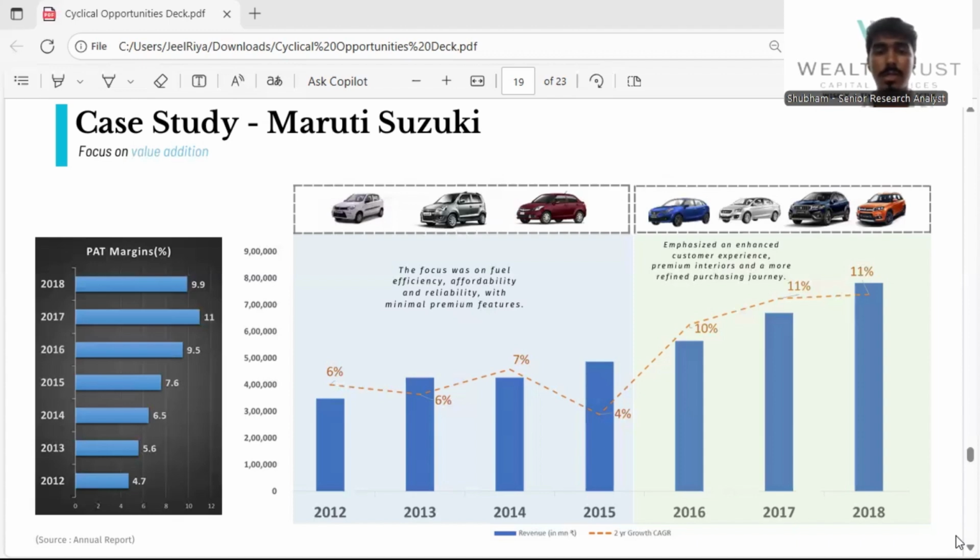They understood that consumers were evolving and started premiumizing the cars, which resulted in margin expansion. So if a company adds value to its products, it will always see margin expansion.